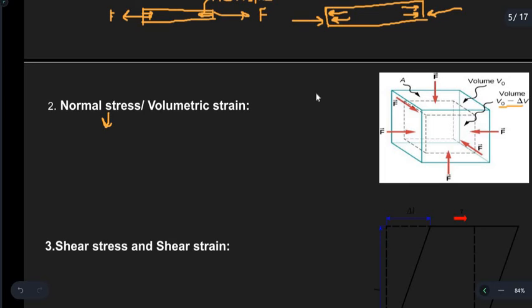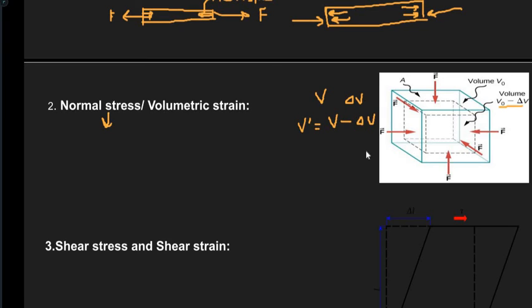Your original body's volume is V. And when you are applying that normal force, its volume gets reduced by del V. So what will happen? The new volume V dashed will be your original volume minus that change in volume, V minus del V. So automatically, I think you can understand that there is again a change in dimension and you can generate a strain.